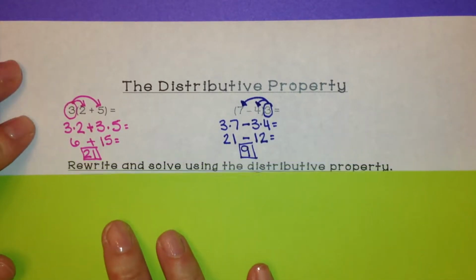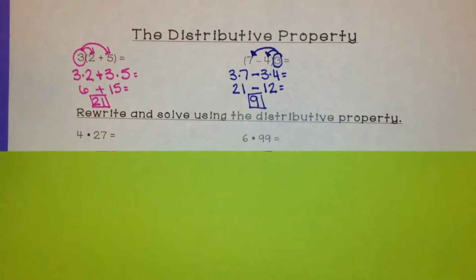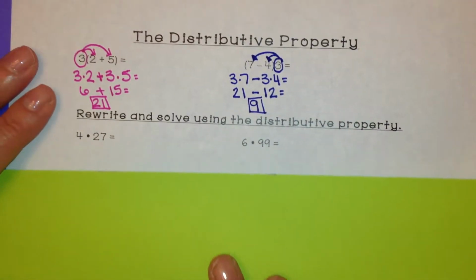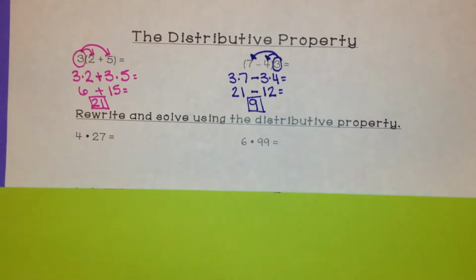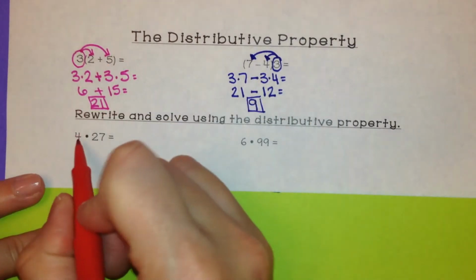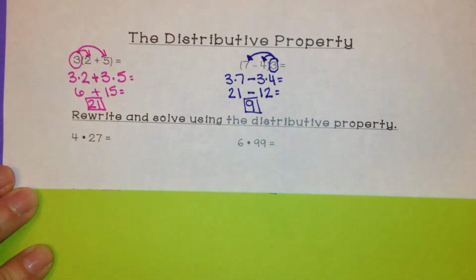Okay, so you can also rewrite a problem that's a little more difficult using the distributive property, and it makes it easier to solve. So I have 4 times 27, which I could multiply out, but it's not the easiest. I can do mental math if I use the distributive property.